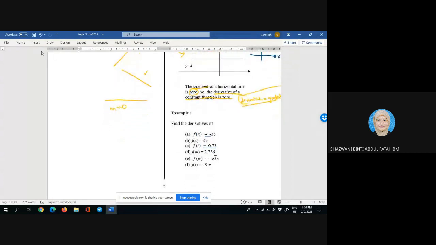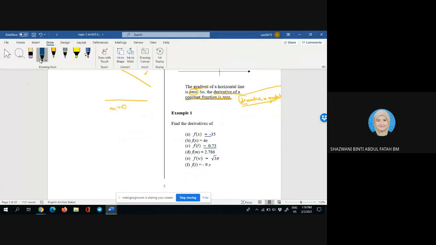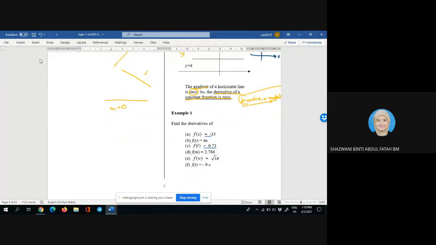Okay, example number 1. Find the derivative of f(x) equals negative 35.